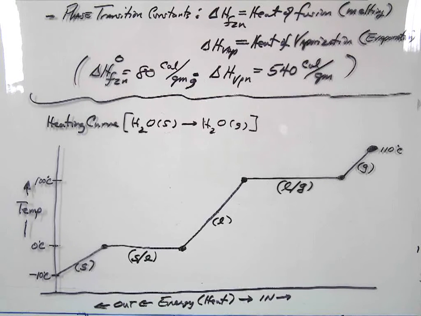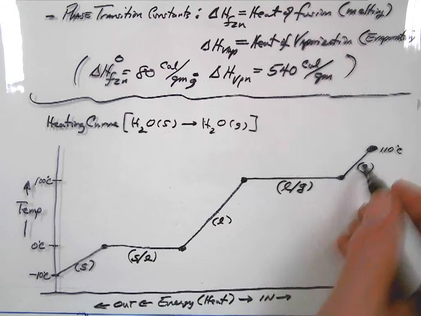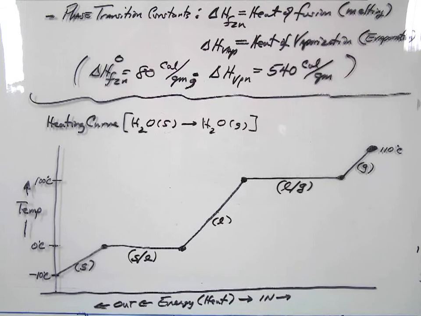And each segment has a specific equation that is used to calculate energy change in that segment. Now you notice three of the segments in here have a diagonal or increasing line due to changing temperatures. And then you have two segments in here that don't change.